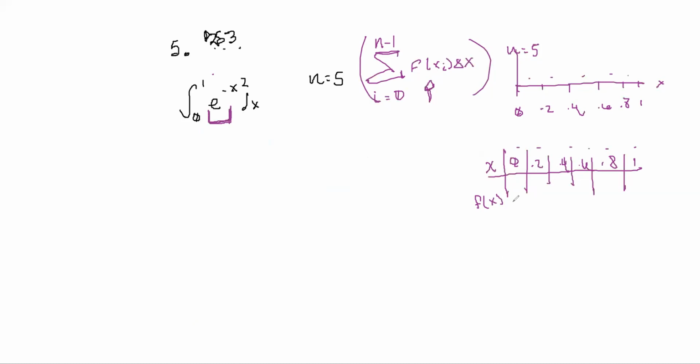So it starts off as 1. E to the negative 1 is going to be 1 over e.